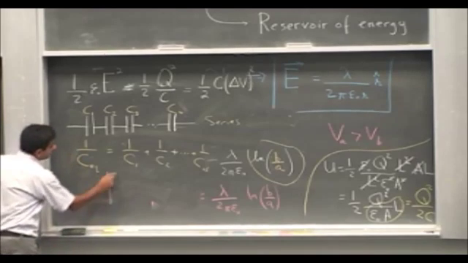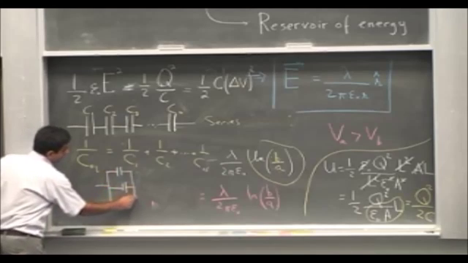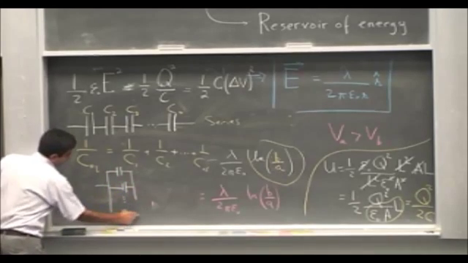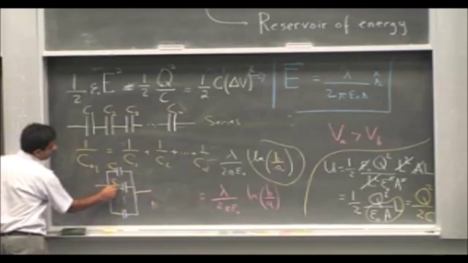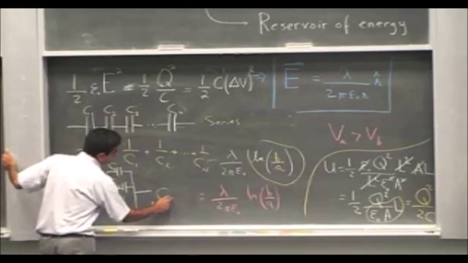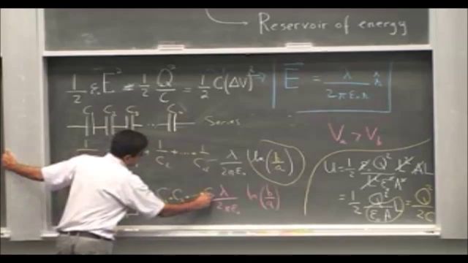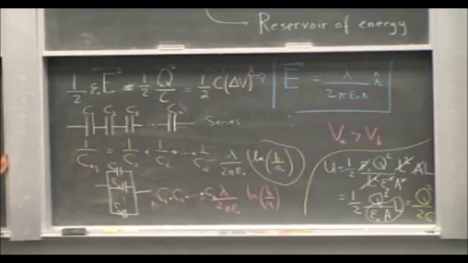And if capacitances are in parallel, then the total capacitance of this system will simply be the sum of the capacitors. So this is what is meant by saying that capacitances are in parallel.